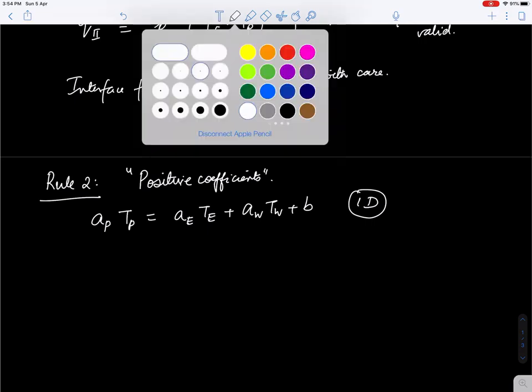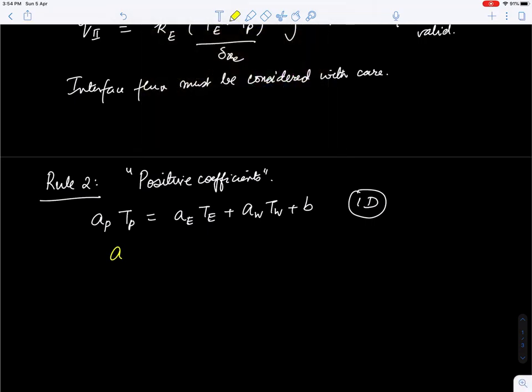But in higher dimensions, let's say 2 or 3 dimensions, this equation should become APTP equals the sum of ANB TNB plus B, where NB are now all the neighboring nodes. So essentially you're summing over all neighbors, right?